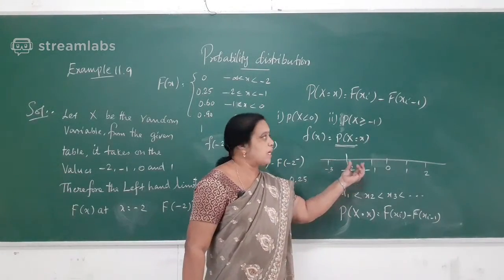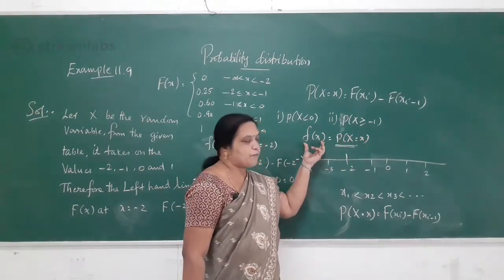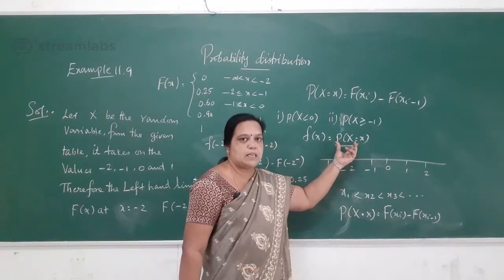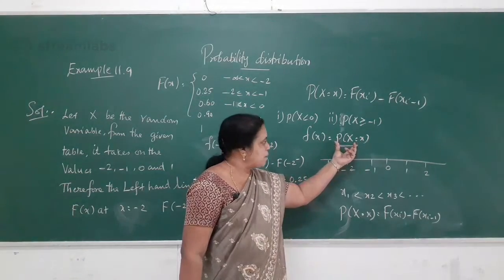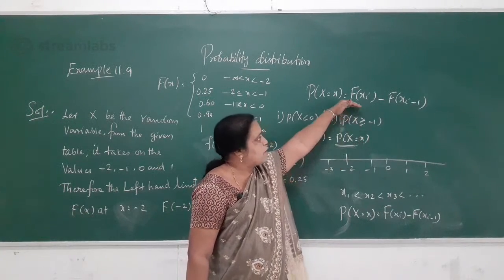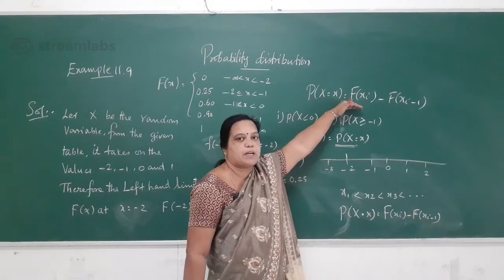We have that formula: f of x is equal to p of x is equal to x. This is known as the probability function. Then for this probability we have another formula. What is that? f of xi minus f of xi minus 1.